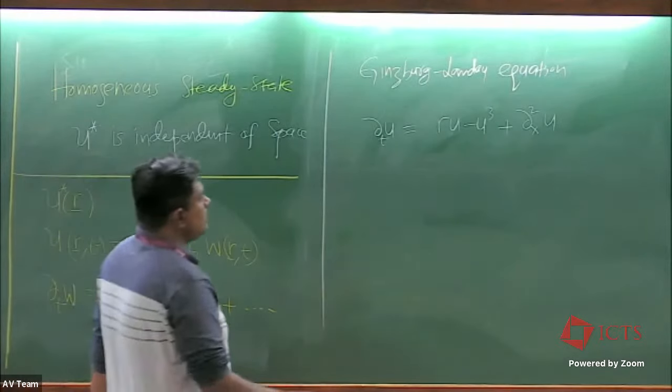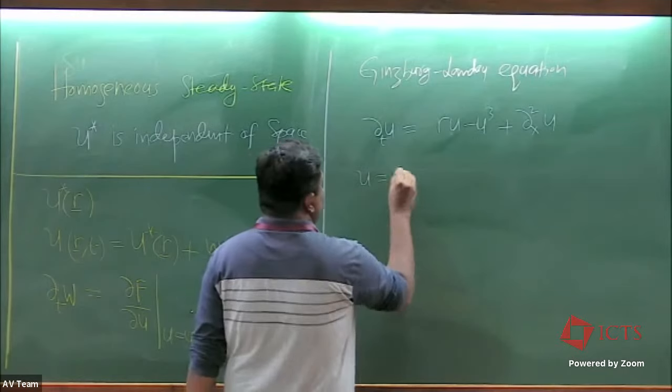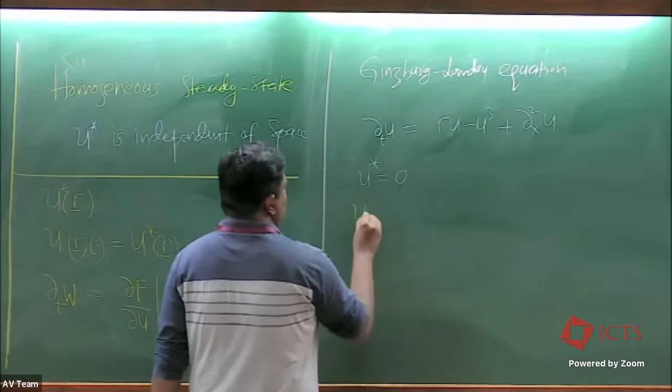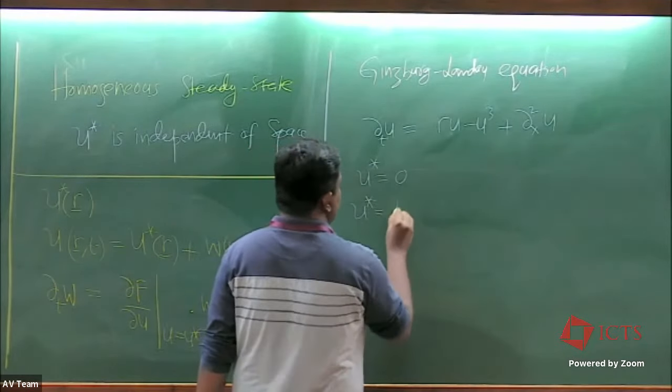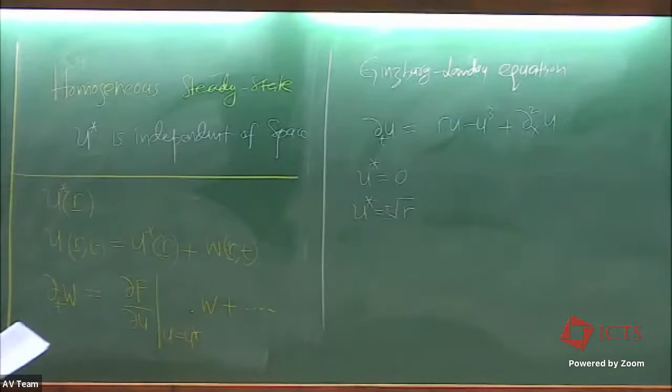Okay, so the fixed points are again U star equal to 0 and plus minus root r. These are the homogeneous solutions. These are obviously solutions of the differential equation if you just plug them in there.